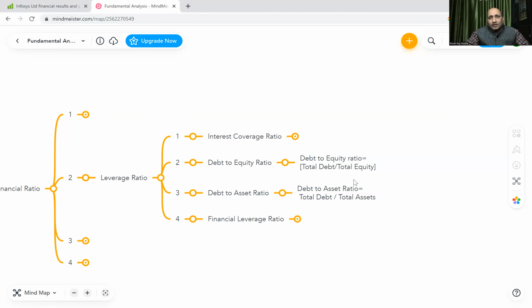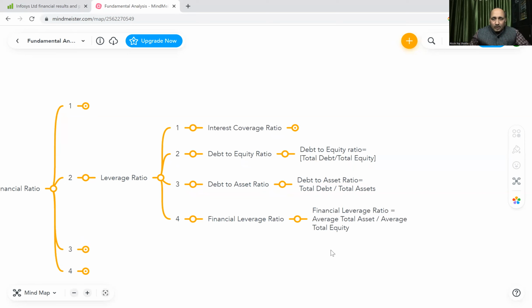The financial leverage ratio helps us understand the extent to which the assets are financed by the owner's equity. The formula to calculate is average total assets divided by average total equity. Why average total assets?